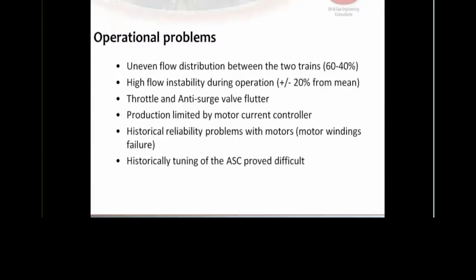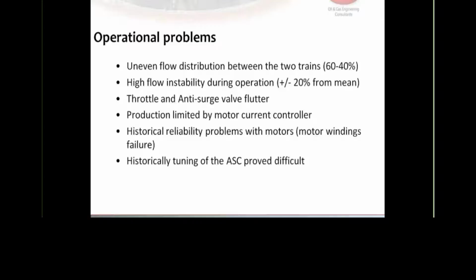And so the problem that they were facing, as in many other facilities with identical or parallel operation of trains, is that the flow is not evenly distributed between the 2 trains. In this case, there was a split of around 50 to 40%, but there was also an observed high flow instability during the operation, ranging from plus and minus 10% from the mean flow.